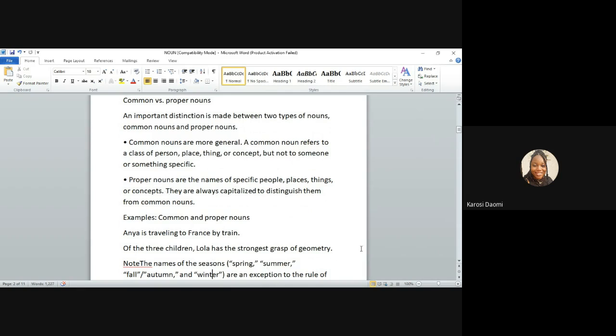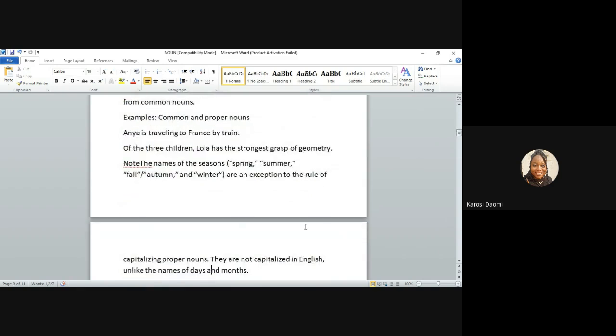All right, so moving on. It's important to note that the names of seasons are exceptions to the capitalization rules of proper nouns. Normally proper nouns are capitalized wherever they appear, irrespective of where they appear in a sentence.